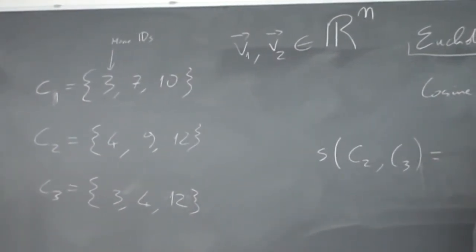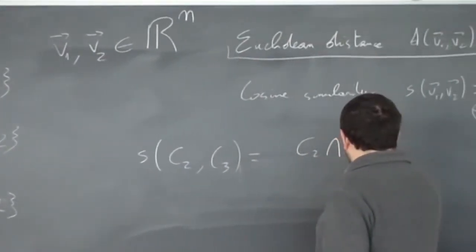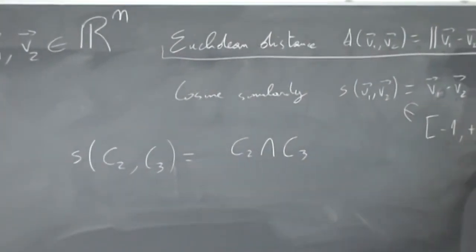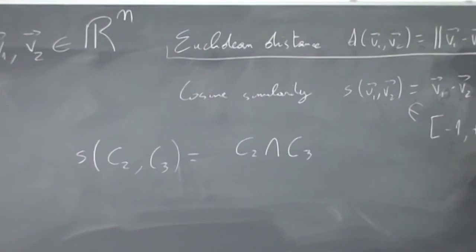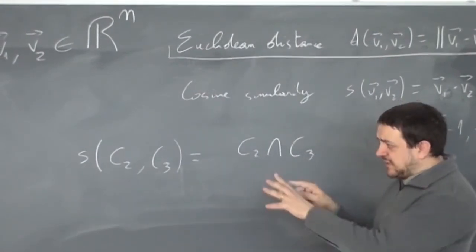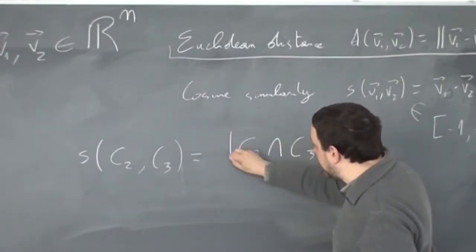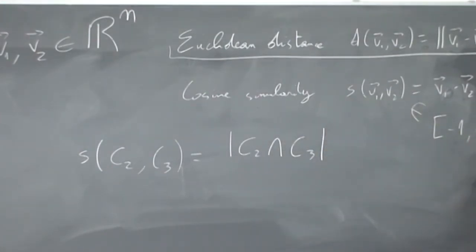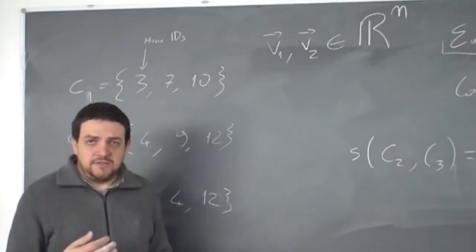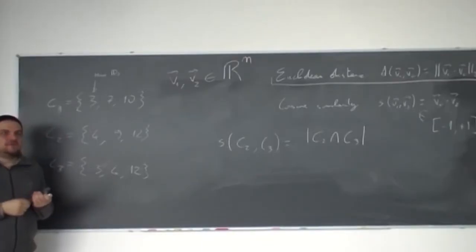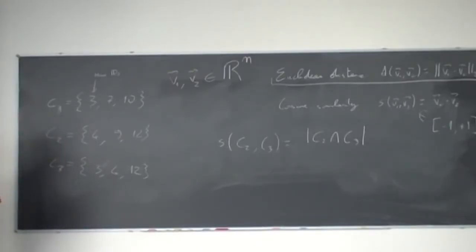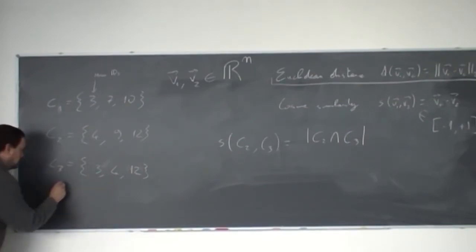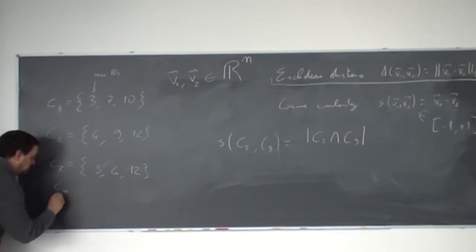You just compute the intersection between the two sets. Of course, you're not interested in the particular items, but just the number of items, so you take the cardinality, the number of elements in the intersection. Actually, this is not enough. You can also consider the extreme case where we have two customers, let's call them C4 and C5.